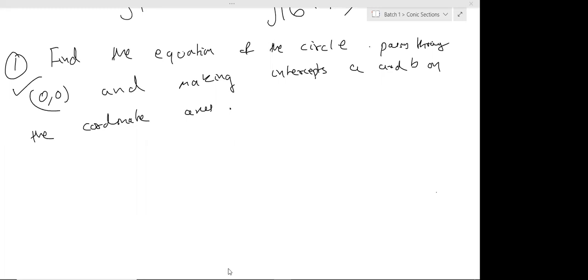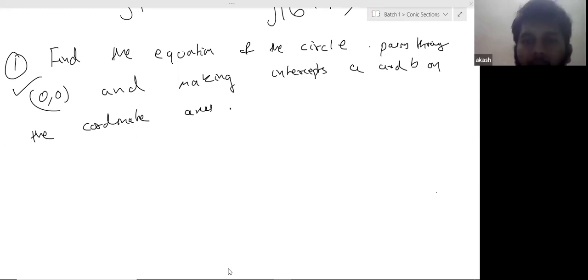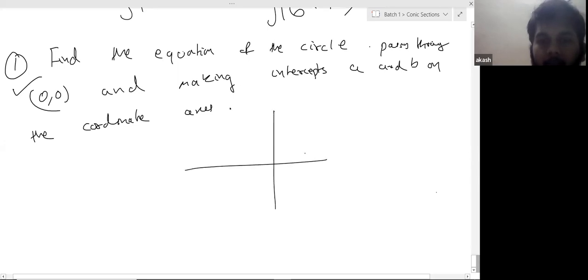If you found the first equation, try to find the second equation, third equation, and solve them simultaneously. After 2 minutes, I'll solve. If you don't know what intercept means, an intercept is where a curve meets the x-axis and the y-axis.